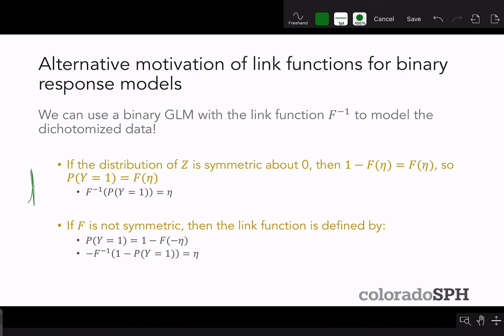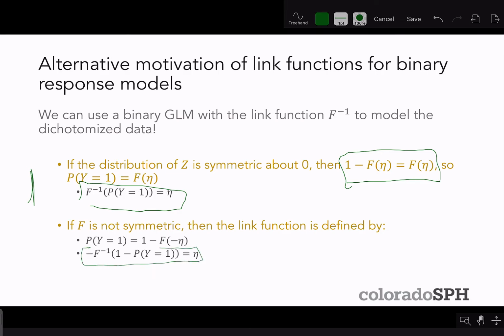So if the distribution of z is symmetric about 0, then we have this sort of property here. And the link function will look like this. However, if we don't have a symmetric distribution, then the link function is not going to reduce as nicely, and you'll have something that looks like this.